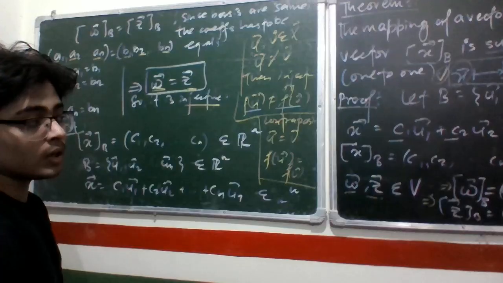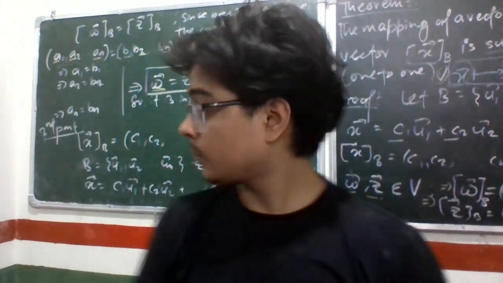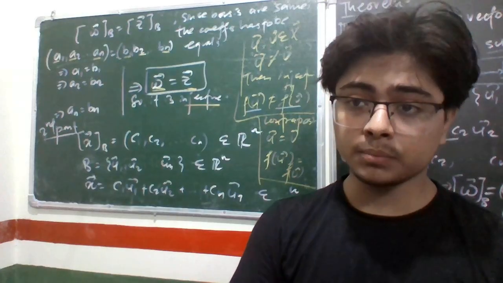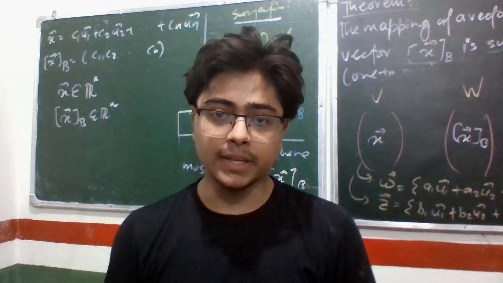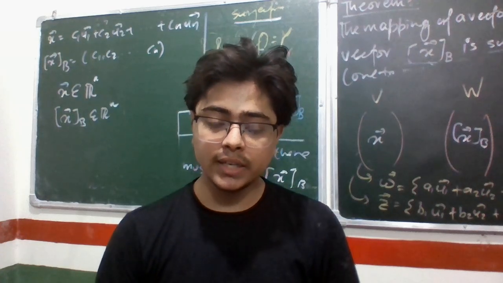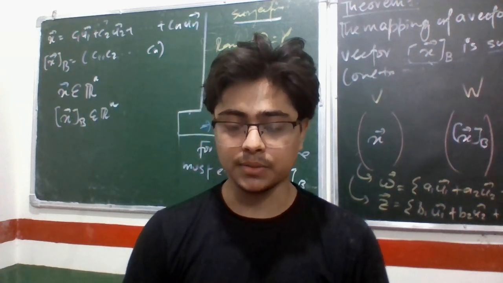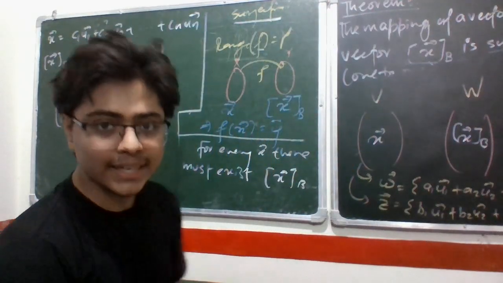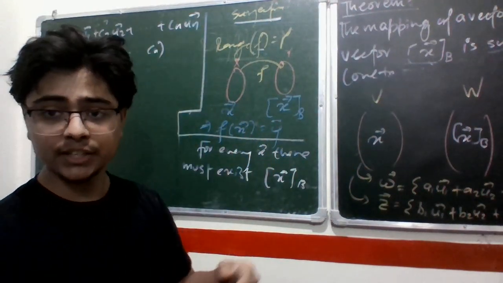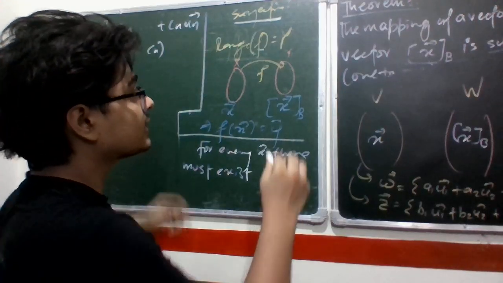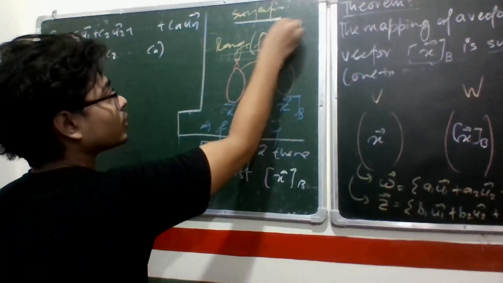Okay. Now to prove the surjective case, let's first try to understand what the definition of a surjective function is. If you go directly to the raw definition of it, you would see this definition. It says that the range of f is equal to y.